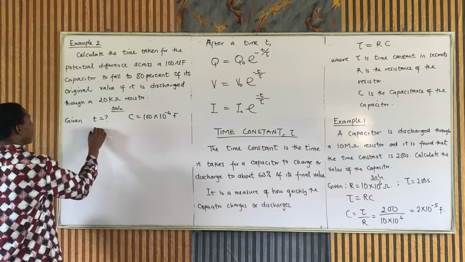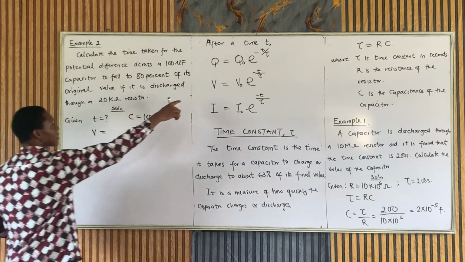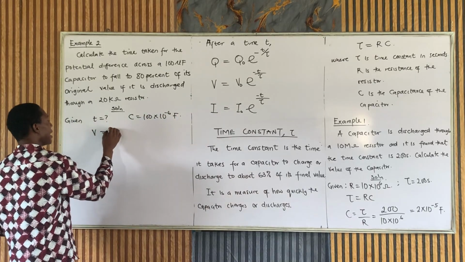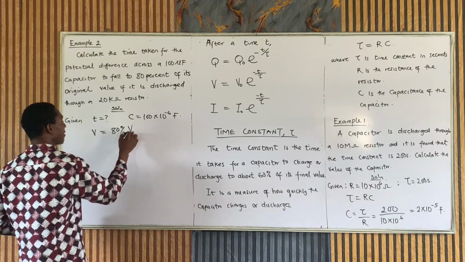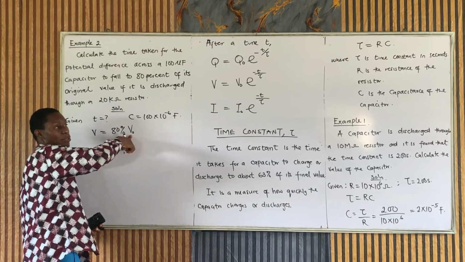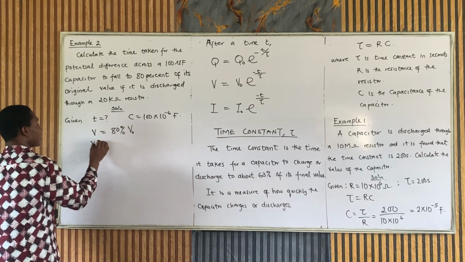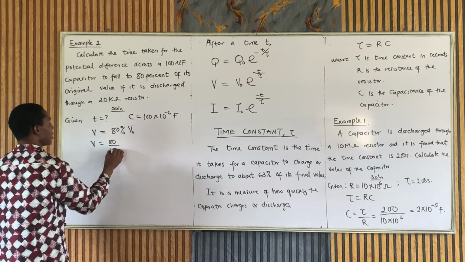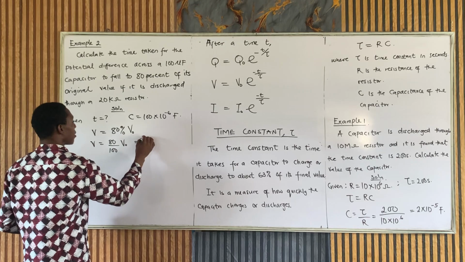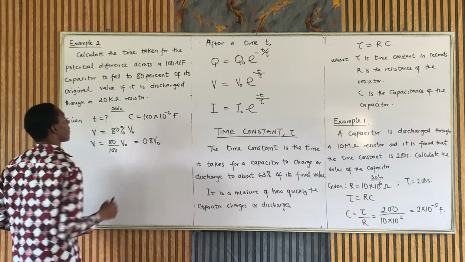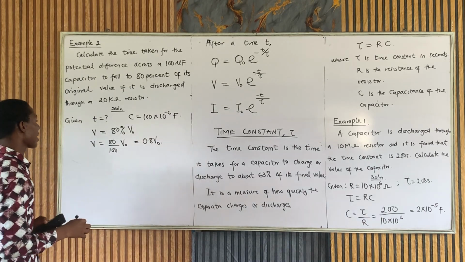So it means that V fell to 80% of its initial value. The initial value of the voltage is called V naught. So we can say V is equal to 80 over 100 V naught, which is same as 0.8 V naught. Now, we are given the resistance.